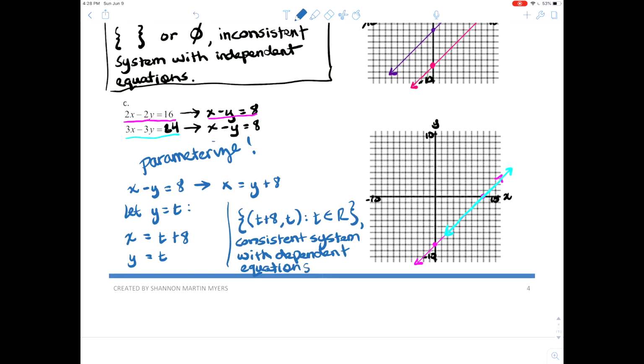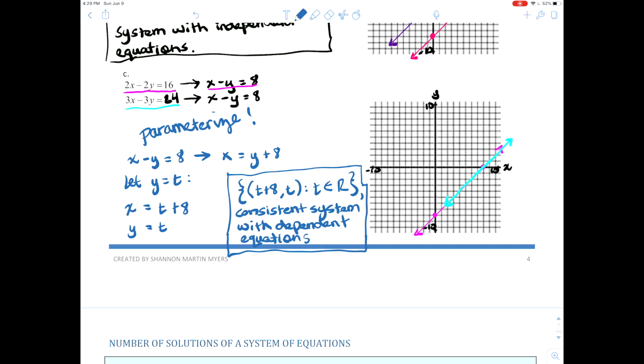Now, as you get further, like to planar, where you're graphing planes instead of lines, it wouldn't mean that all of the linear equations were dependent. It could just be two of them were, right? But in this case, there's only two equations, so we can definitely write it like that.